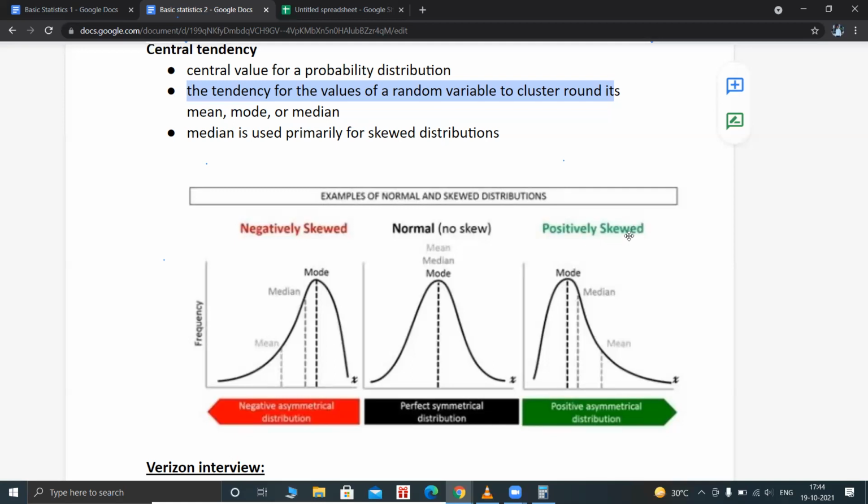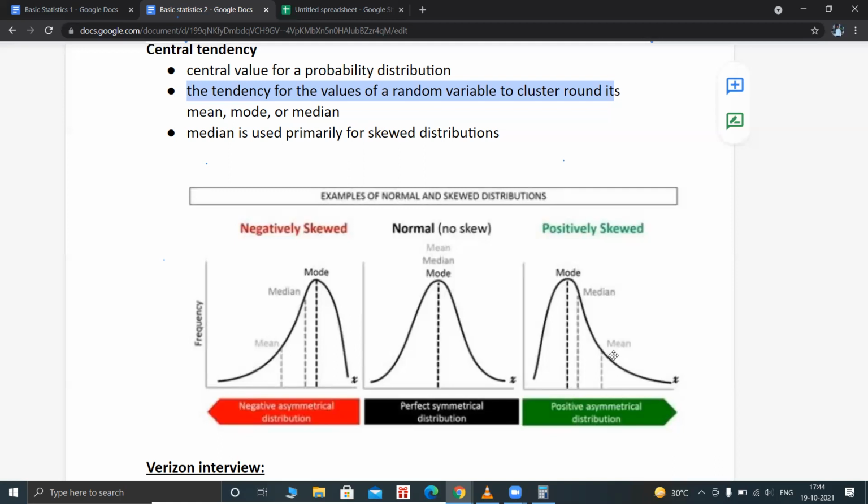So in the case of positively skewed, the mean is shifted towards the positive side. In the case of negatively skewed distribution, the mean is shifted towards the negative. My 0 point is here, then 1, 2, 3, 4, 5. The actual mean was here, but my mean got shifted towards its left side, right? So this is what happens when you have extreme low outliers or extreme high outliers in the data.